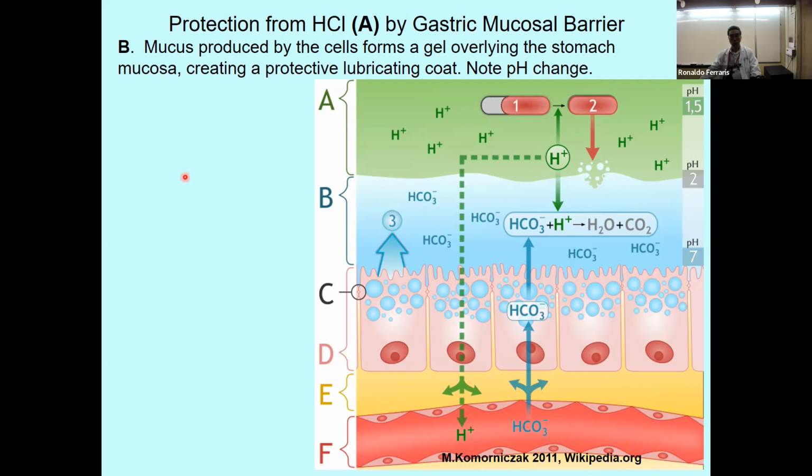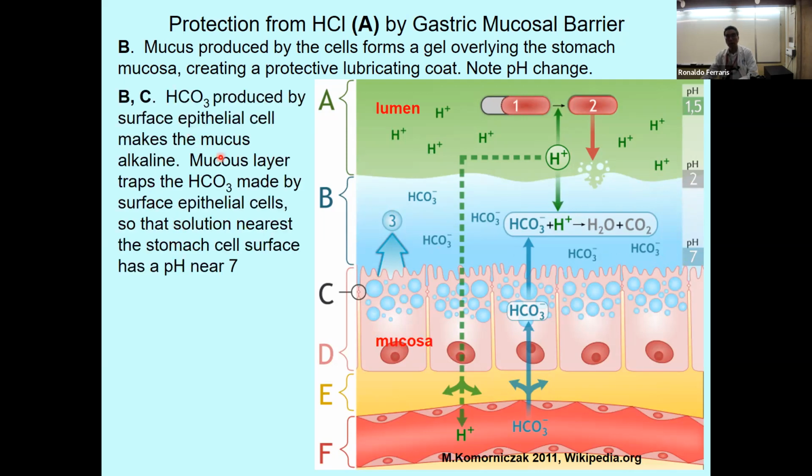So when we examine this mucus layer, we found this gradient and the bicarbonate. So there is also copious secretion of bicarbonate. As the parietal cells make a lot of protons, the mucous neck cells and surface mucous cells are also actively making bicarbonate that is secreted into the lumen side and gets trapped below the mucus layer.